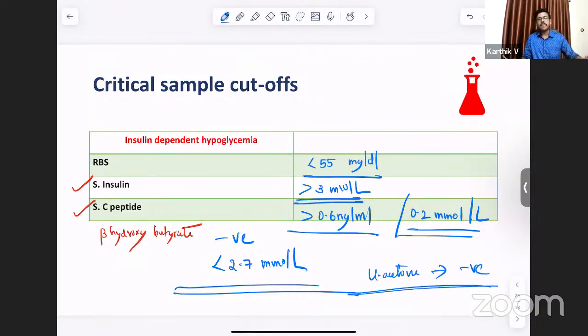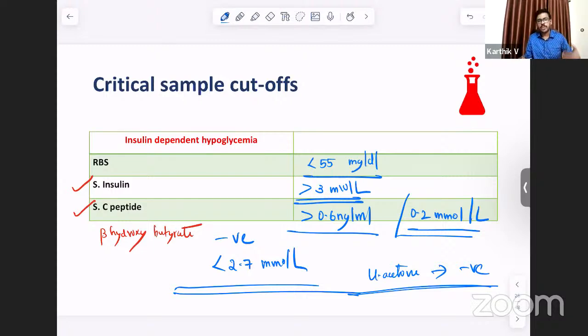So when you're doing the 72-hour fast test, one thing you can do to get a clue whether this is an insulin dependent or independent cause, or if the patient is not having a hyperinsulinemic disorder, is that by the second or third day of fasting, if the urine acetone is strongly positive, you can fairly rule out hyperinsulinemia, because hyperinsulinemia in such patients would strongly antagonize the ketone body generation.